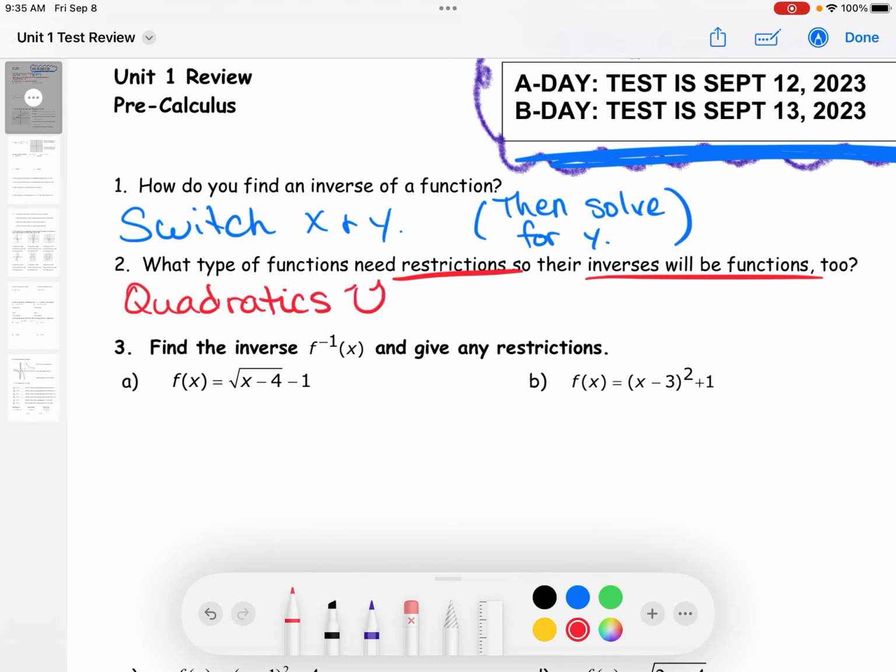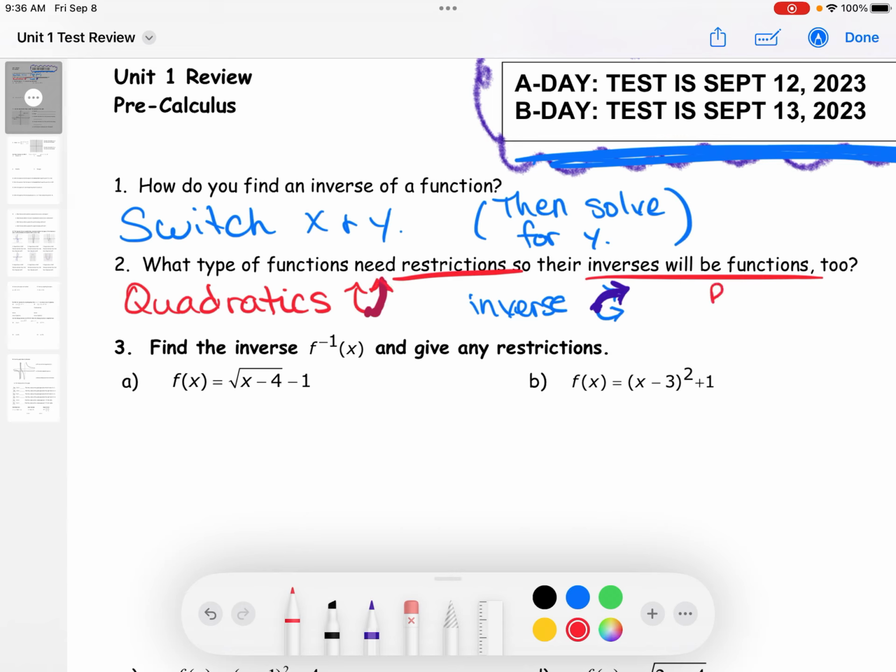If you start out with a quadratic, to make its inverse a function, you can only use part of that parabola. And the part we use is from the vertex to the right. What that does is make the inverse only the top piece, which means it is a function.